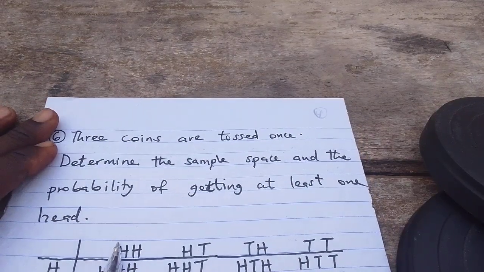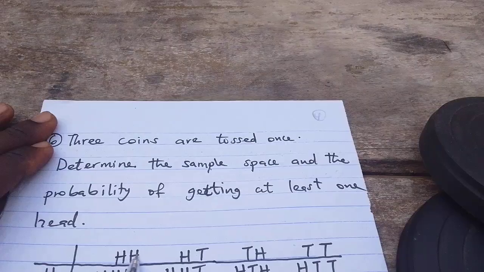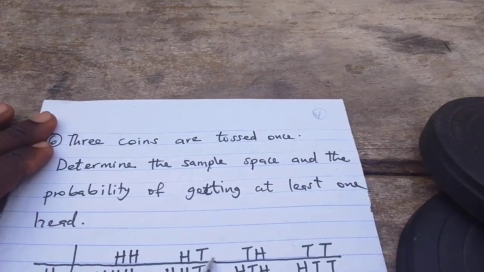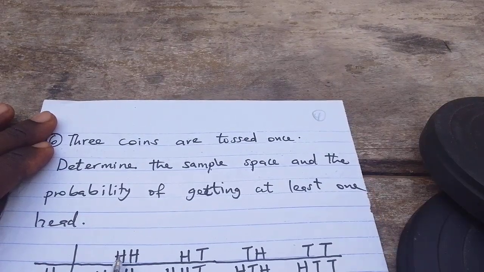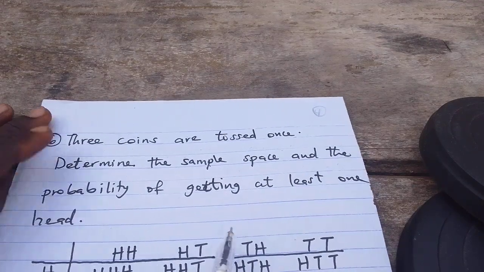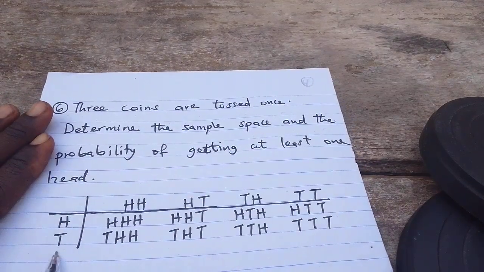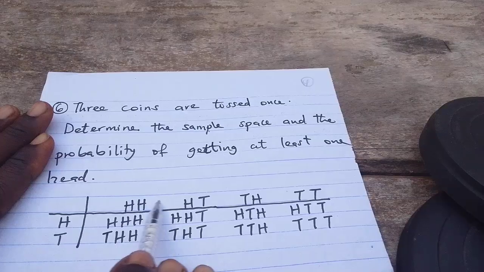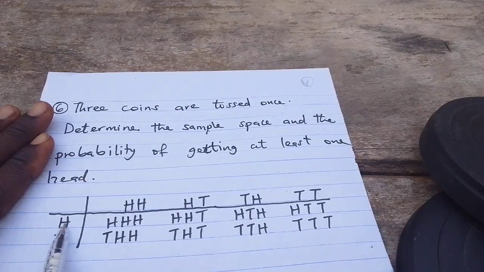So now assume this is the result of throwing a coin 2 times. So we've got that to be head, tail, head, tail. And if this is the 3rd coin, so this is the result of 2 coins, this is the 3rd coin.